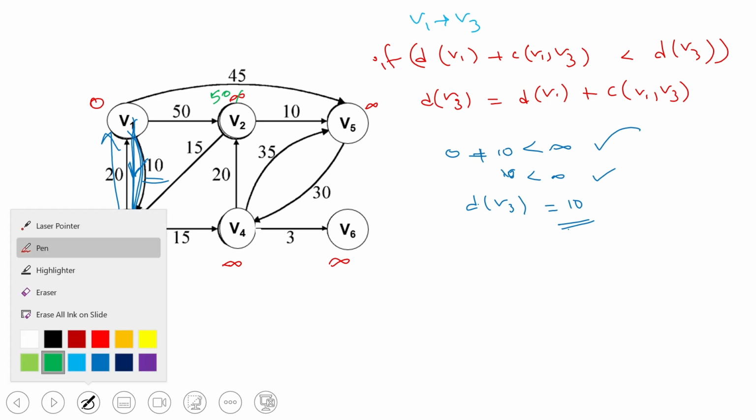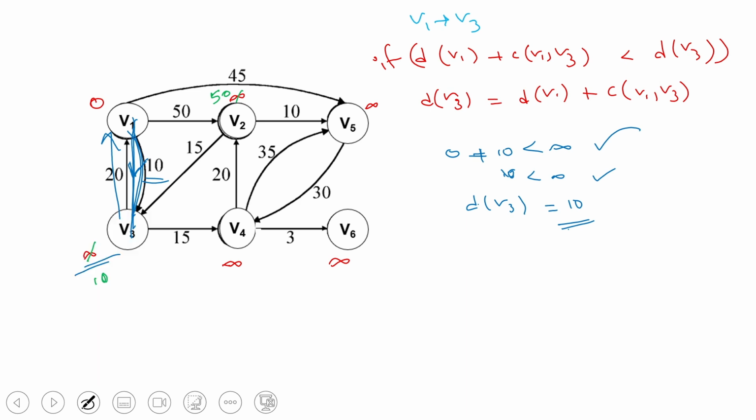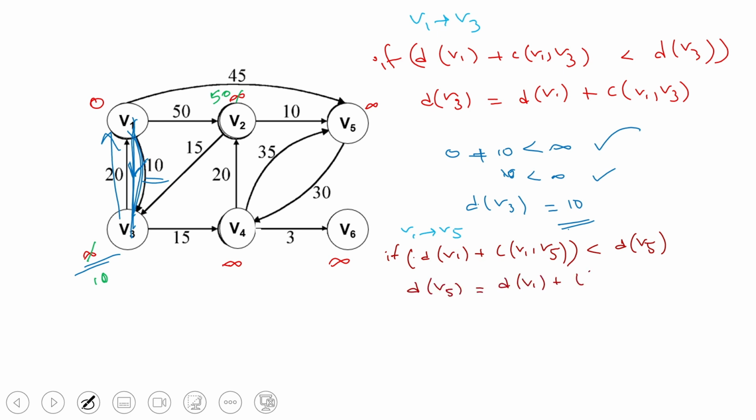Now let us do the same for v1 to v5. What is the formula? If distance of v1 plus cost of v1 comma v5 is less than distance of v5, then distance of v5 is equal to distance of v1 plus cost of v1 comma v5, right? Now what is distance of v1?